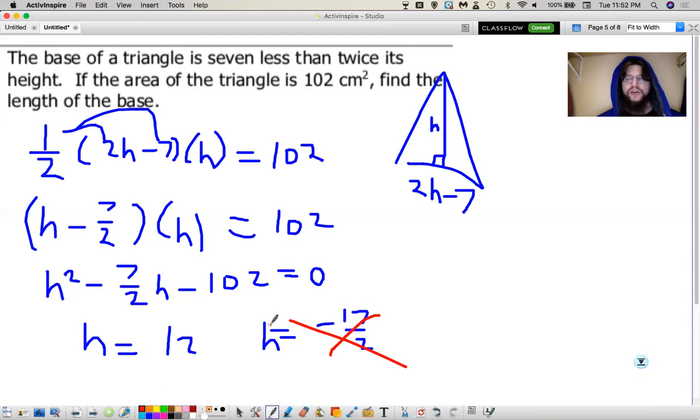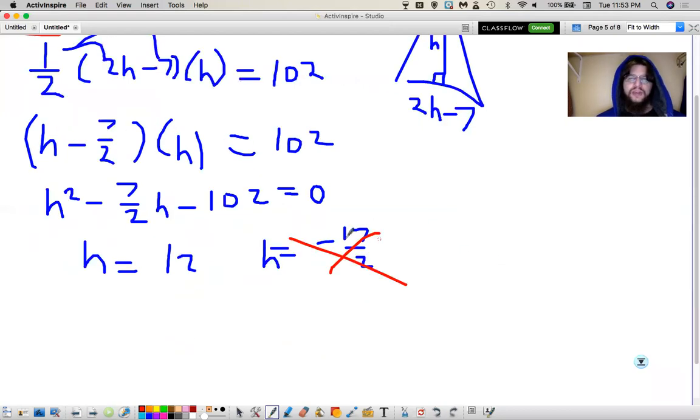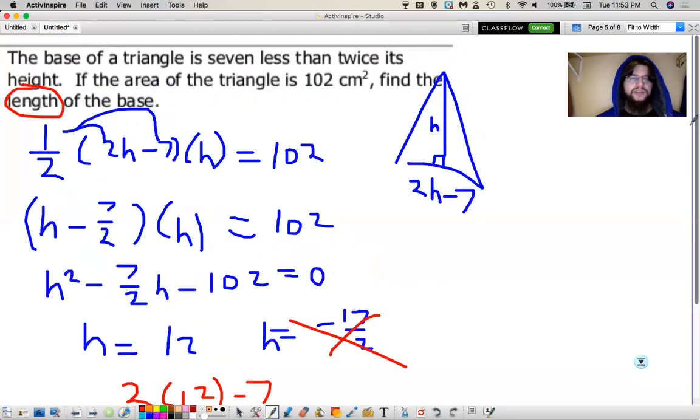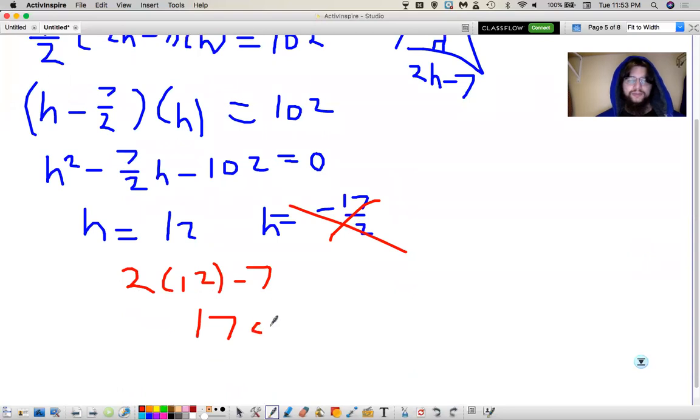Now read your question. It's asking for the length. Plug it in. On the previous one, both were your answer. On this one, just the length. 24 minus 7 is 17. And I guess we should be formal and put our units, centimeters. I will not count off for units.